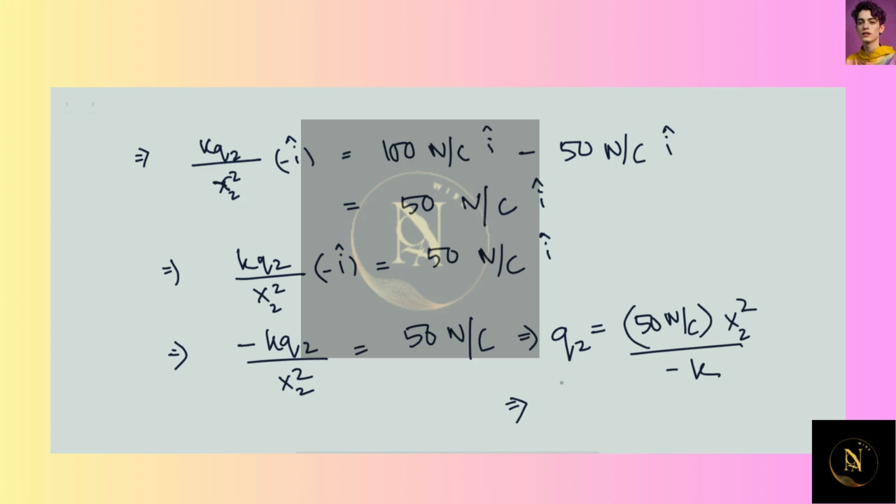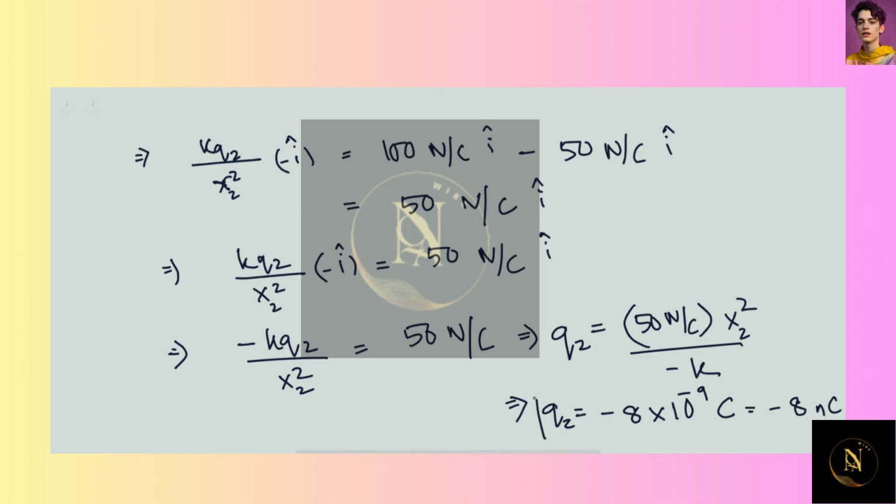And again, substituting the values because we already know them, we find Q2 to be equal to negative 8 times 10 to the power minus 9 Coulomb, or negative 8 nanocoulomb.